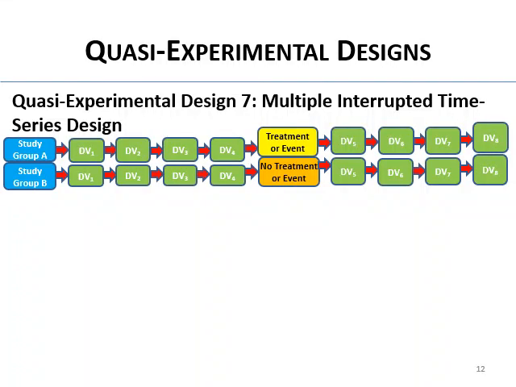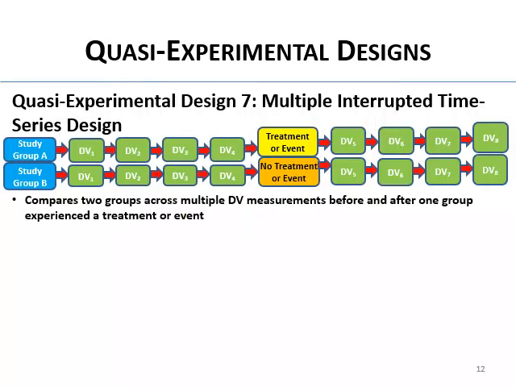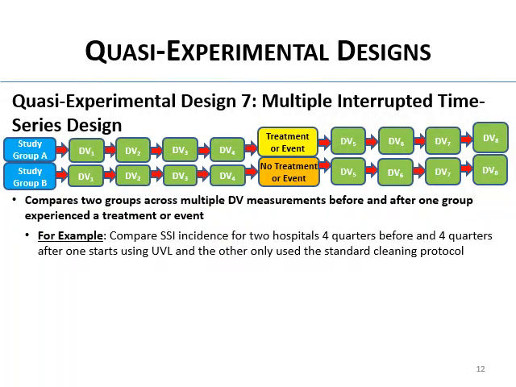One group experiences the event, one group does not. And so you compare 2 groups across multiple DV measurements before and after one group experienced the treatment or event. So for example, going back to the surgical site infection stuff, you've got 4 quarters before and 4 quarters after one hospital starts using ultraviolet light as part of their cleaning protocol and the other one does not.